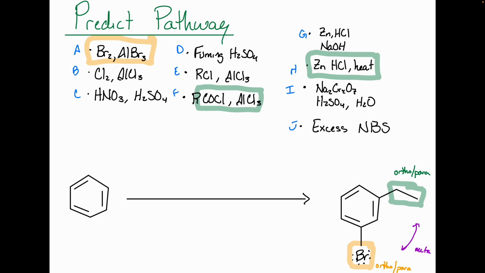So now let's think about the order in which these occur. Am I going to do my orange reaction first? No, that would put an ortho-para director on there, all right? So the first thing I'm going to do is that reaction F. We can even say we know what R is.